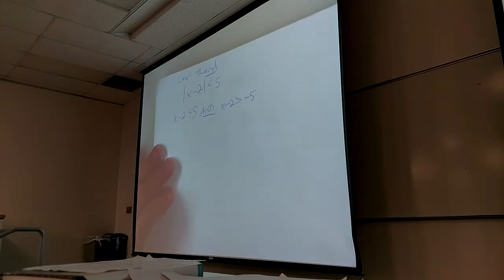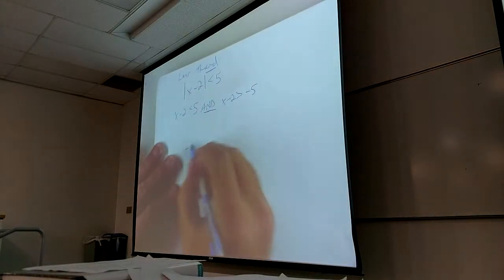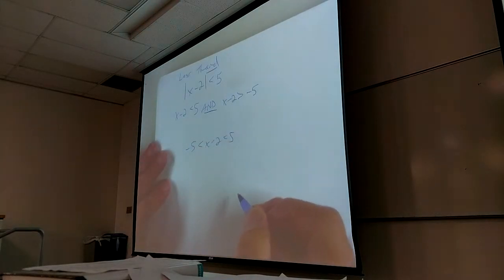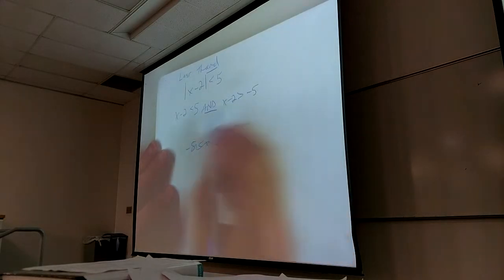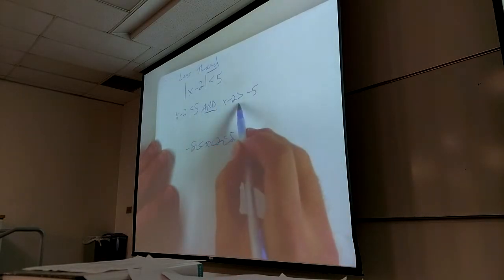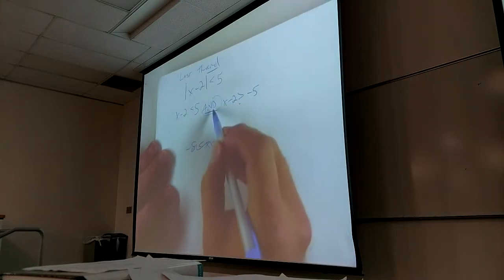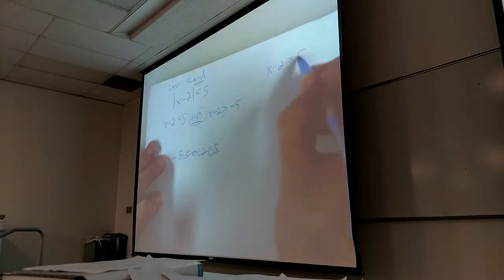Me, I would just take this and write negative 5 less than x minus 2 less than 5, like that, because it's more efficient. But I understand you want to keep one case, the other case. And if you want to keep it that way, you have to memorize less than is the and. So of course greater than would be the or.